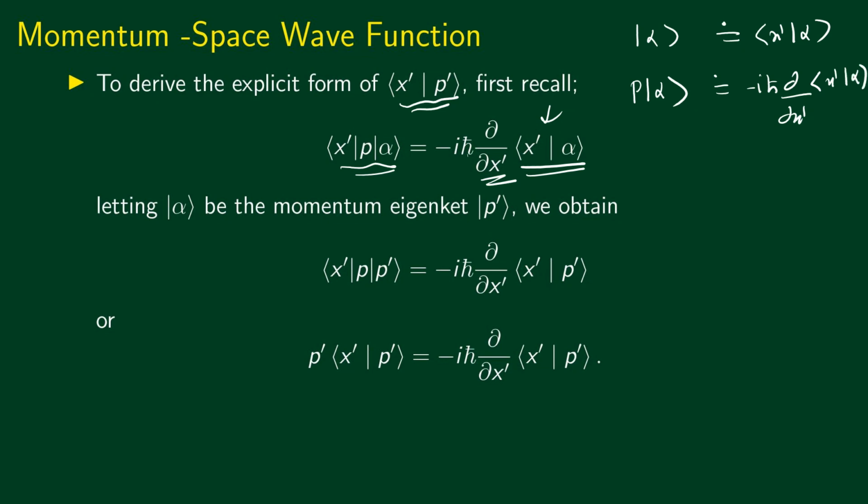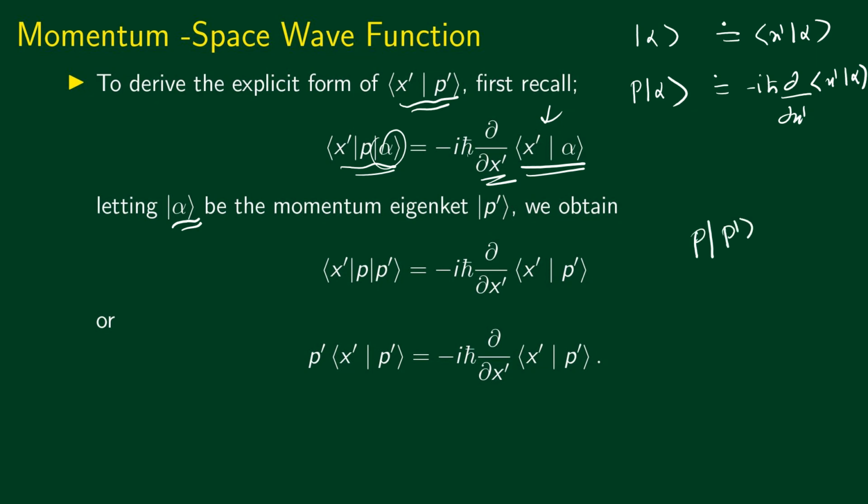Now what happens if instead of ket alpha we have the momentum eigenket ket p prime? Then we can write bra x prime p, with a ket p prime instead of ket alpha. Obviously this equation says that this is equal to minus i h bar partial derivative with respect to x prime of bra x prime ket p prime. Now this ket p prime is an eigenket of operator p and it satisfies the eigenvalue equation.